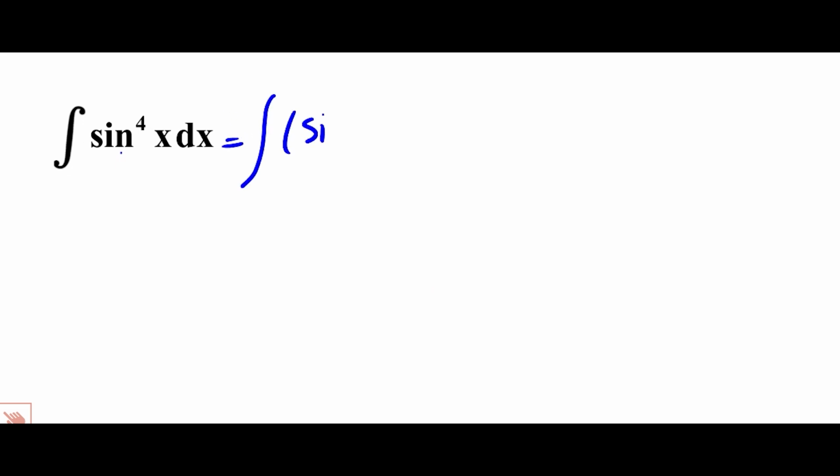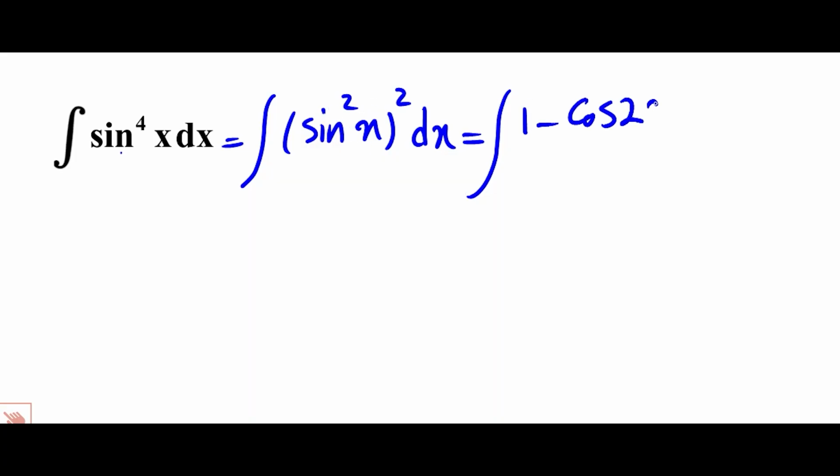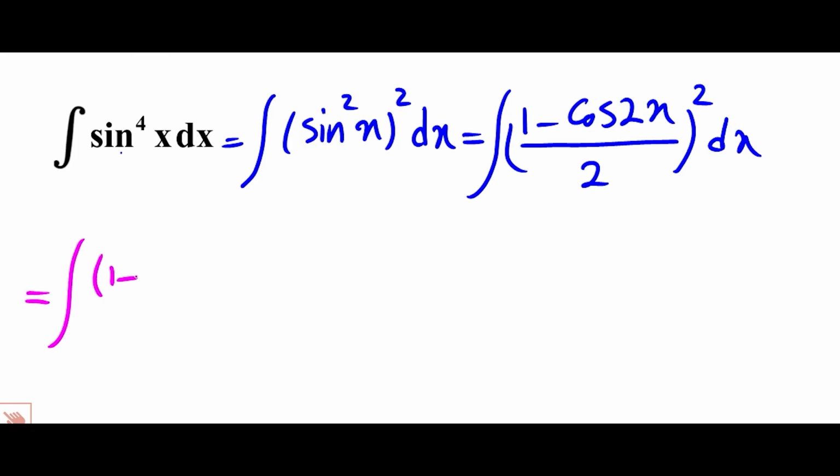The integral of sine to the 4th power of x dx equals the integral of sine squared x, whole squared, dx. So we have the integral of sine squared, which equals (1 minus cosine 2x) over 2, whole squared, dx. And again we have the integral of (1 minus cosine 2x) whole squared over 2 squared, which equals 4, dx.